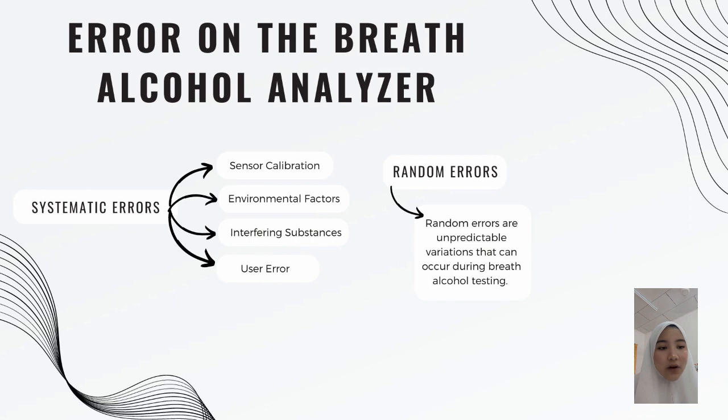Some sources of systematic errors include sensor calibration, environmental factors, interfering substances, and user error. Random errors are unpredictable variations that can occur during breath alcohol testing.